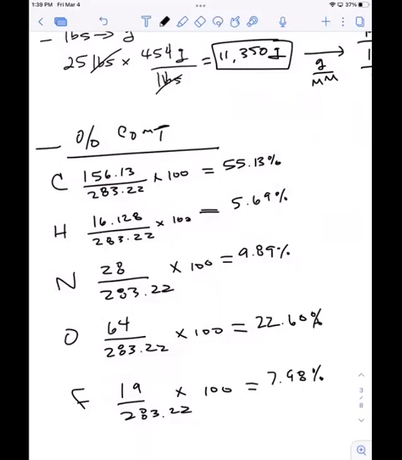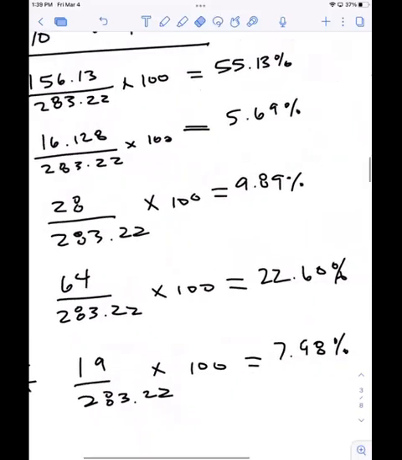We're getting a different number for fluorine. We're getting 6.7%. It's 19 divided by 283.22. I'm getting 6.71%.